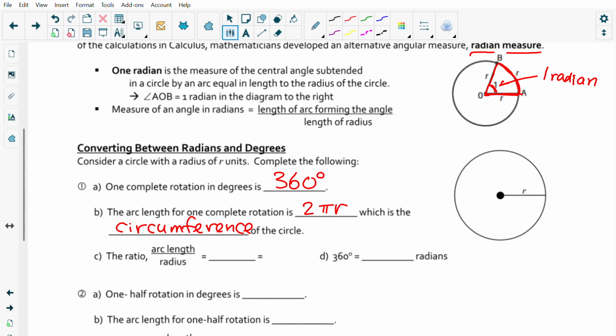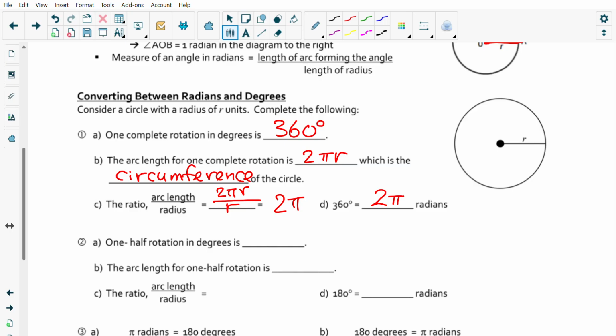The ratio of arc length to radius is 2 pi r over r, and that equals 2 pi. So 360 degrees equals 2 pi radians.